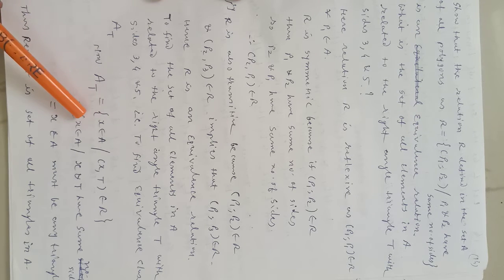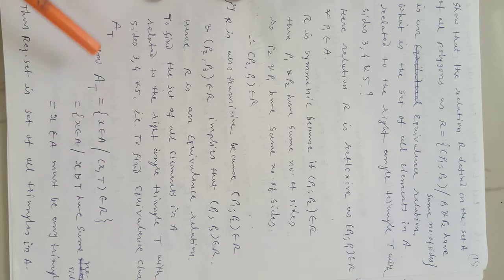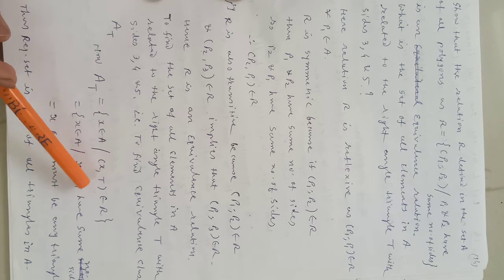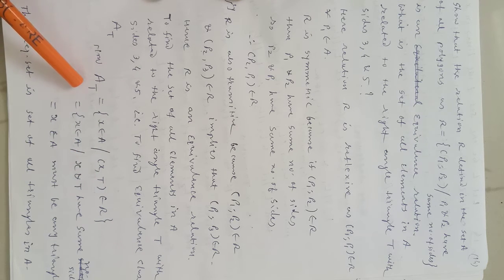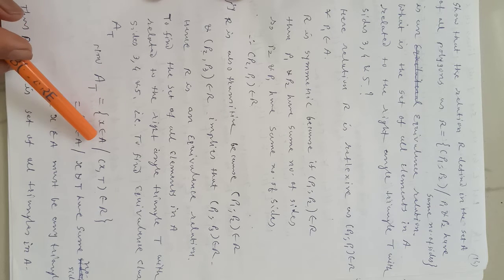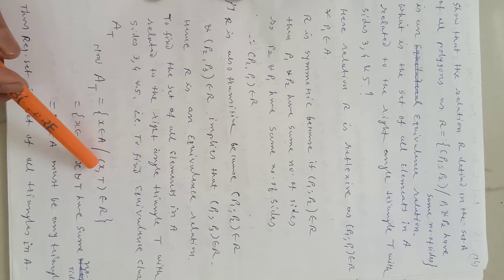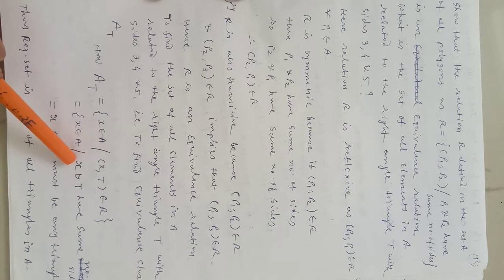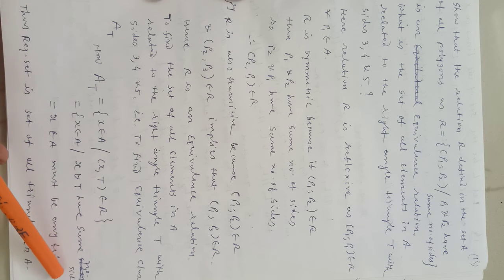It is the set of all elements in set A which are related to your polygon T. So here A_T means the set of all x belonging to A such that the ordered pair (x, T) belongs to R. Now, the ordered pair (x, T) belongs to R when x and T have the same number of sides.